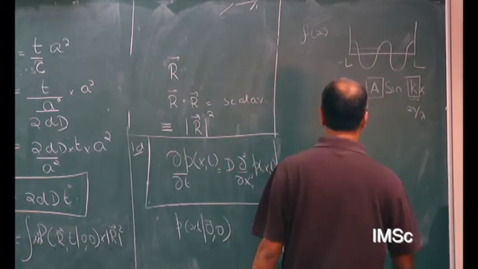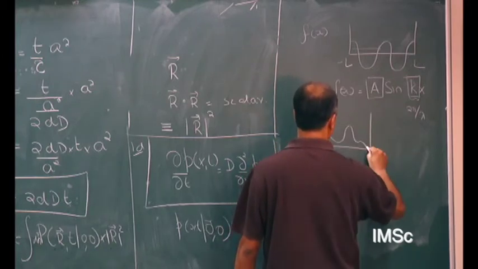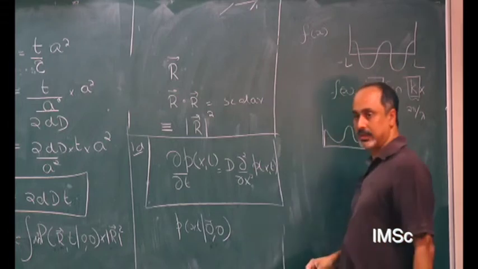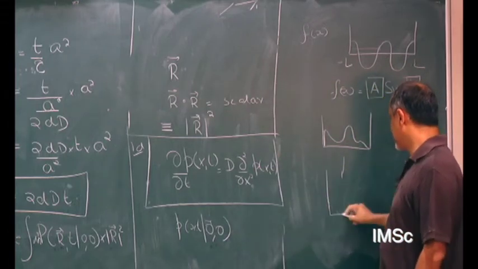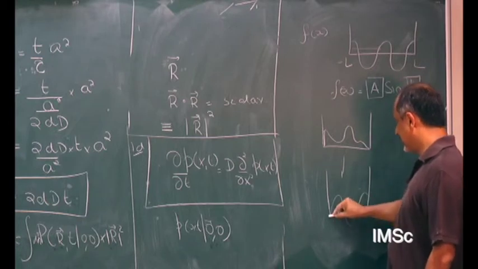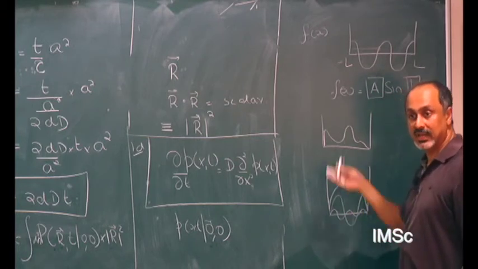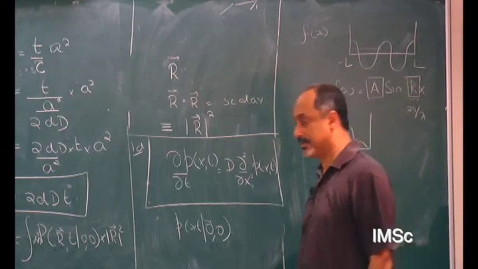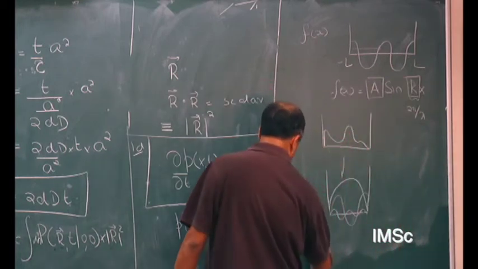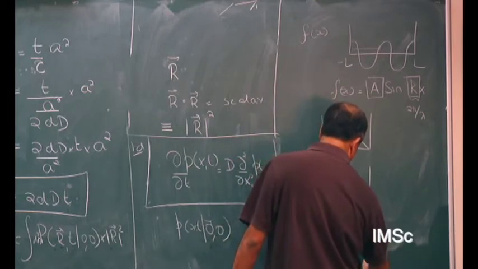In general, if I think of a more complicated function, say a function that looks like this, then I would say that I can break this function up as a contribution from a wave that looks like this, a contribution from a wave that looks like this, and a contribution from a wave that looks like this. It's just adding up different waves, and I can reconstitute that function. Okay. So the other way of writing it is that f of x is just some summation over a set of coefficients, n equal to 0 to infinity.